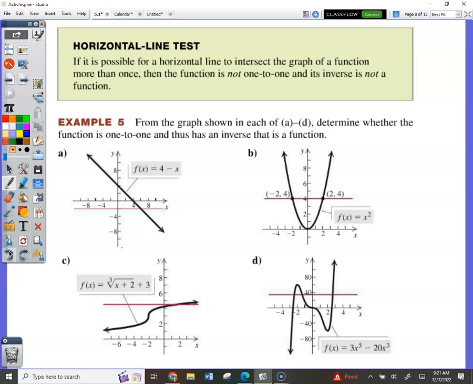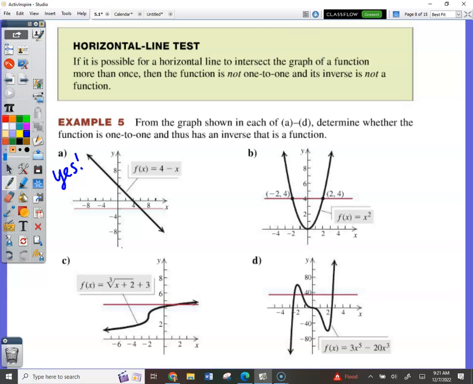Meaning if you just drop a horizontal line anywhere, you're making sure it only touches the graph in one spot. So does it pass? Yes. That means that if I was to find that inverse equation, it would be a function. That means it's 1 to 1.